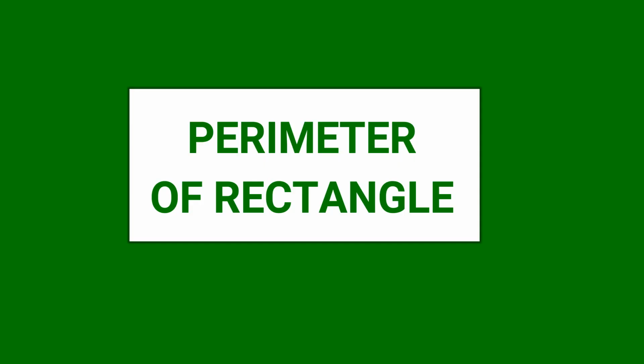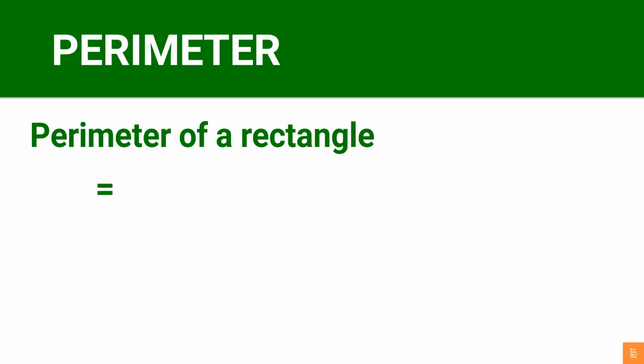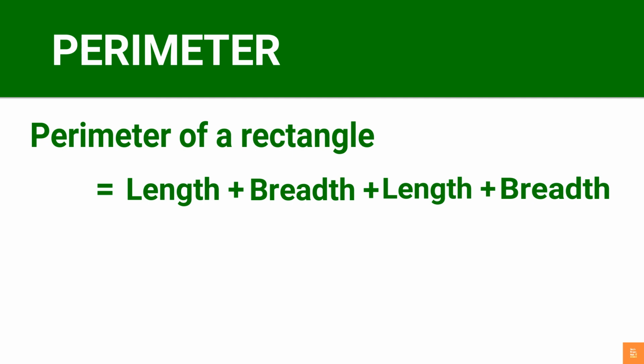For smaller rectangles, we can find perimeter and area by counting manually. But how about larger figures? It is not possible to count squares, isn't it? Hence, we need to look for a shortcut to calculate perimeter and area. Let us derive the formula and verify its application. We know perimeter of a rectangle is length plus breadth plus length plus breadth.